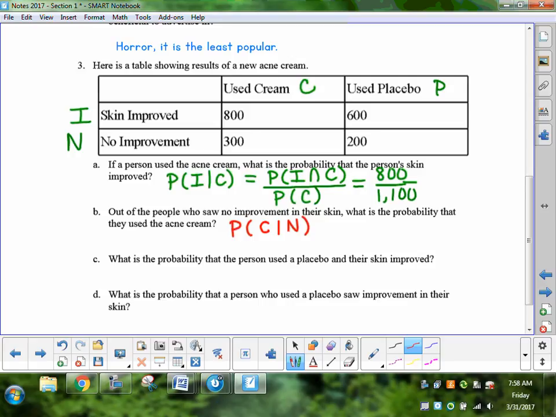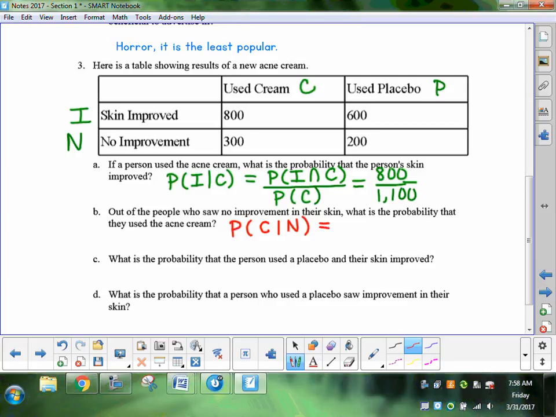So, looking at this, what would the numerator look like, Jack? If you're not putting this down, the next step, it's not magically that random numbers start showing up. You have to show me where they're coming from. That's justifying your answer. So this is the probability that they used cream and that they had no improvement.